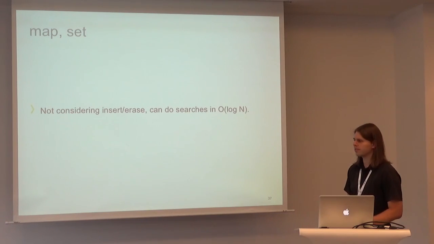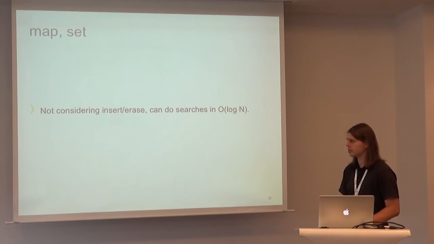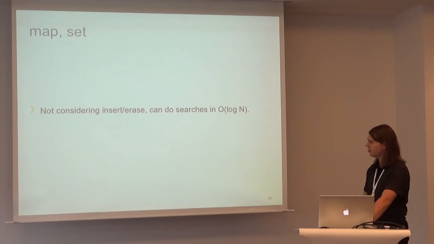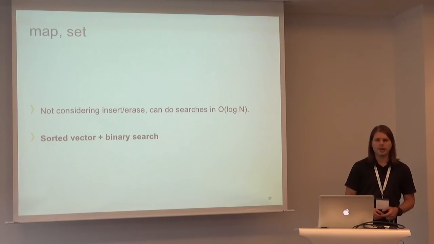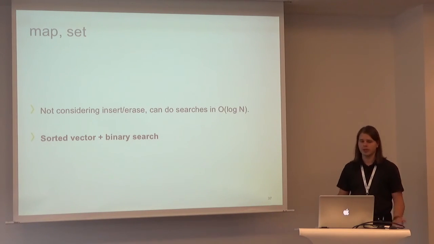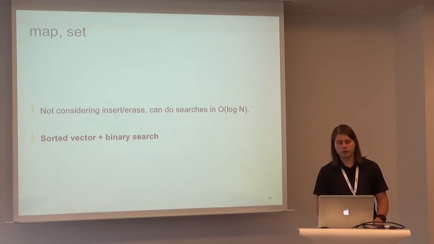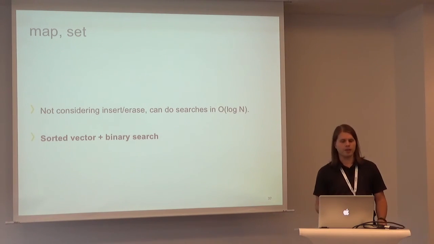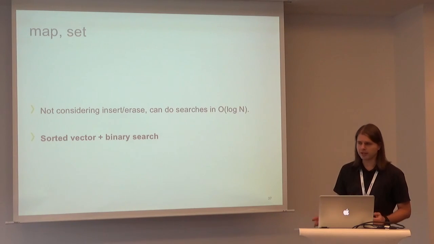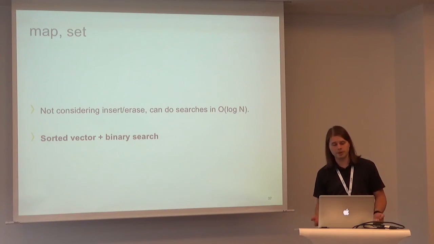And there is a simple data structure which allows us to do searches in logarithmic time, namely a sorted vector and a binary search. So we don't have to reconstruct all those balanced tree things. We just have to traverse elements in our map or set as if it was a vector stored in a contiguous region of memory.